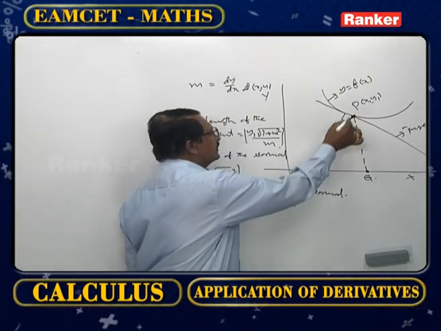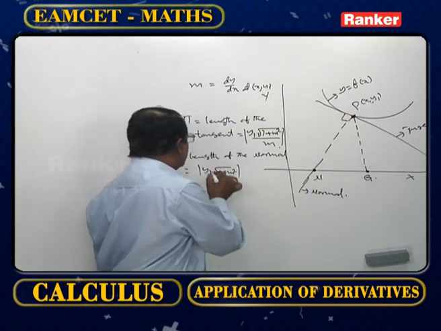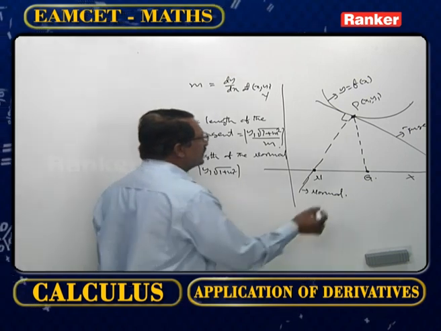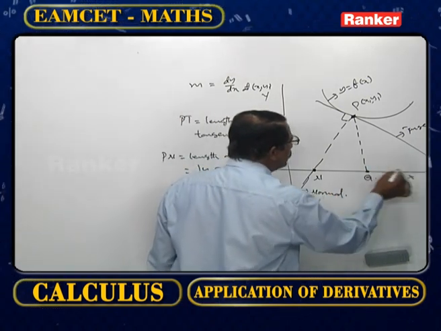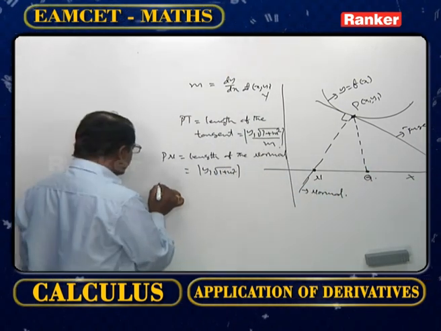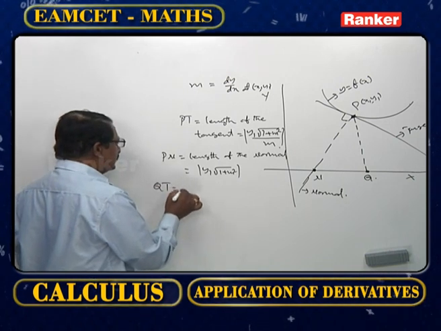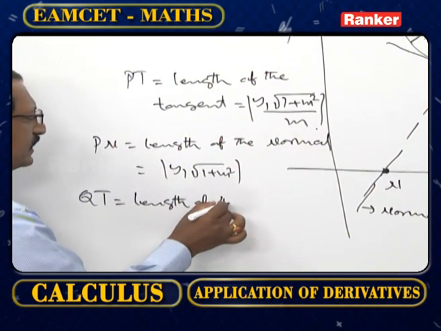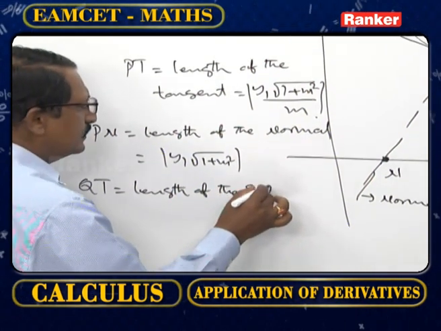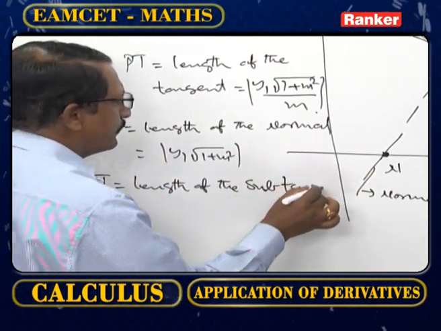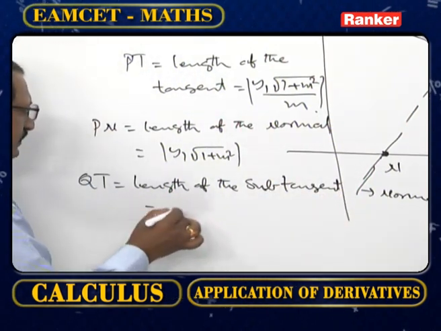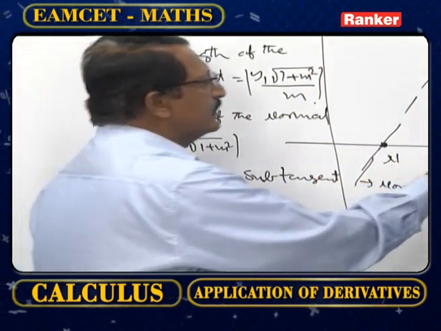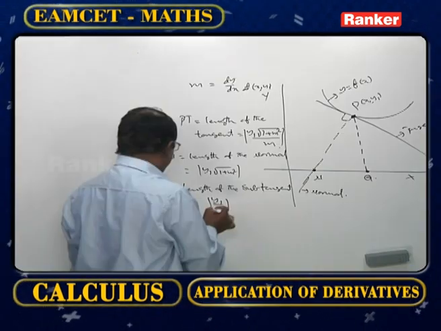The distance between P and N is called the length of the normal, equal to y1 into square root of 1 plus m square. Next, QT is called the length of the subtangent, which equals y1 by m.